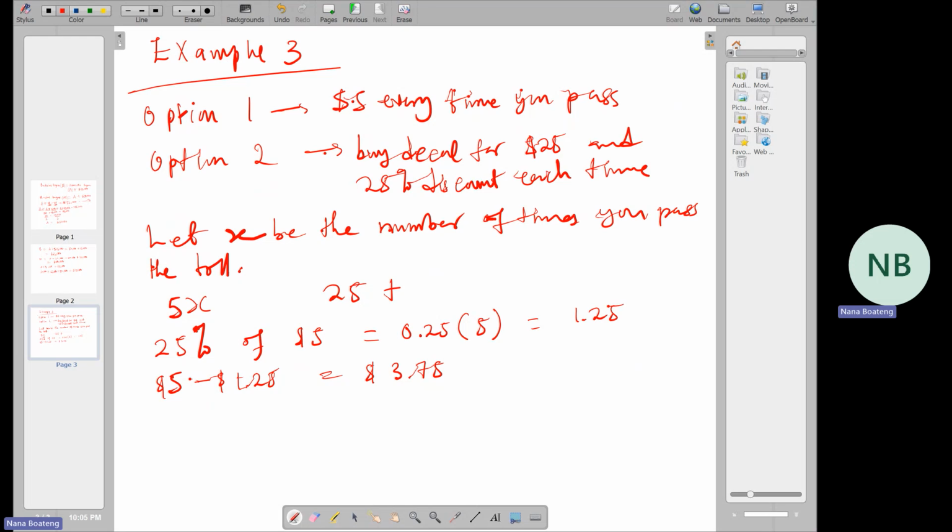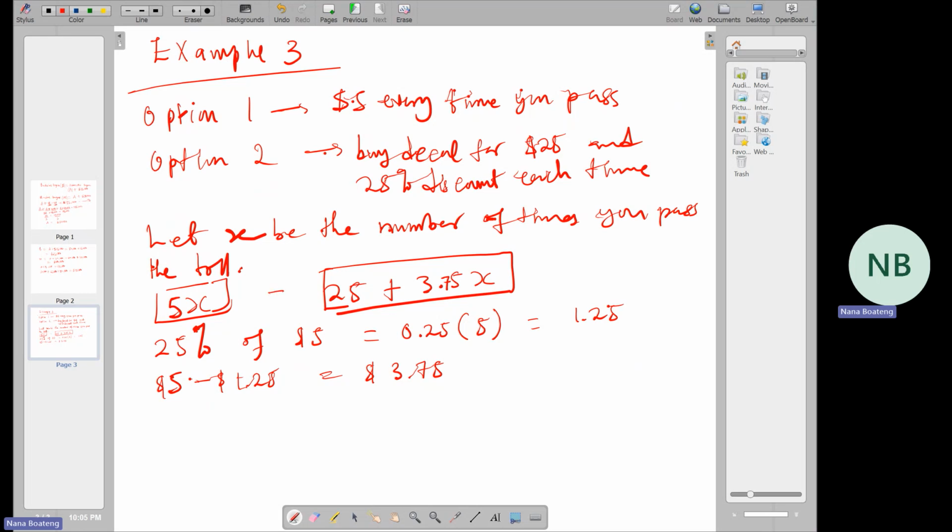So if you make X number of trips, your total cost is $25 plus 3.75x. And with option 1, your total cost is 5x. And now we are told to find at what point these two equal each other.